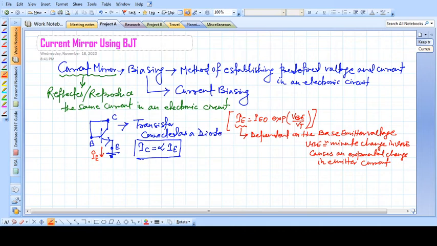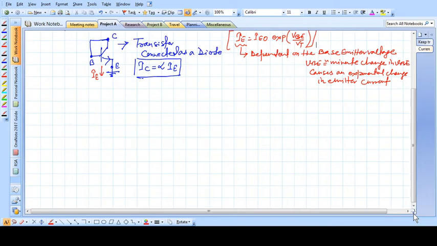That biasing is developed as a current mirror, in which we are forcing some current, means we are just applying some current across it by using some resistor. This one is the basic arrangement.